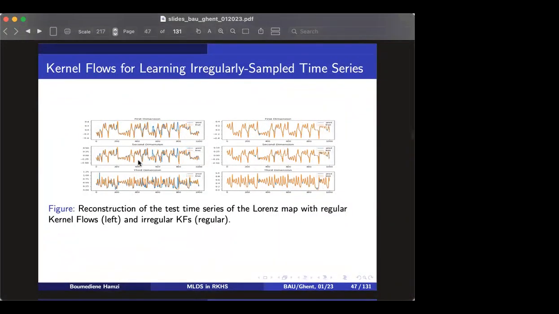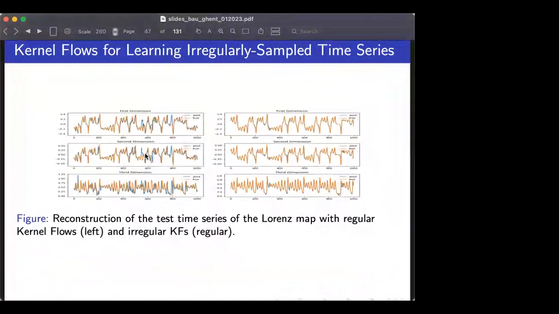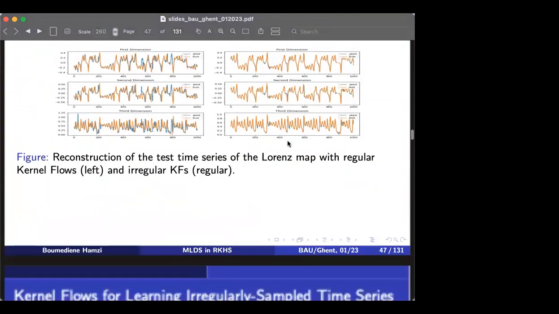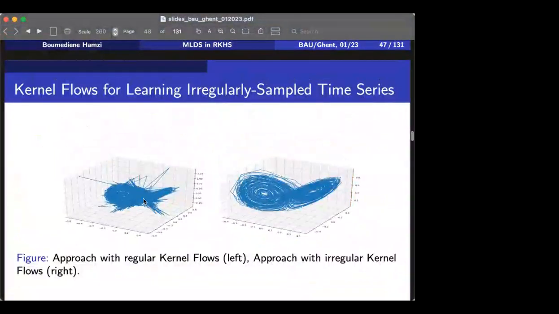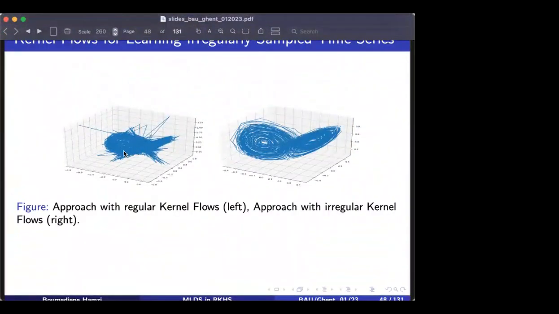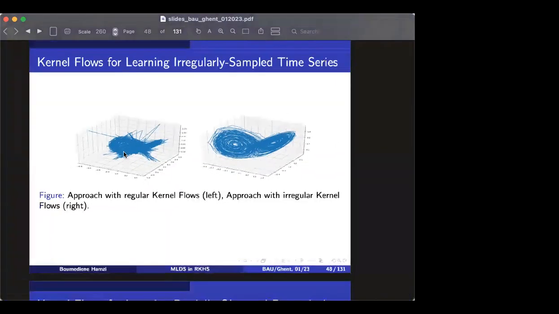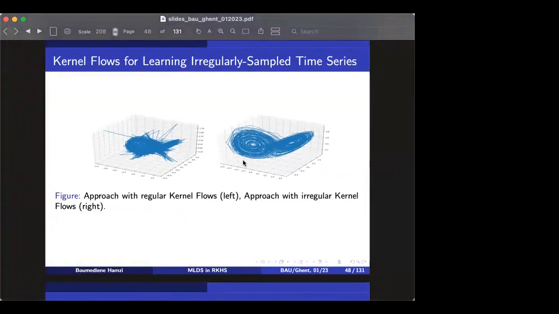This is for the case of Lorenz. The left side is regular kernel flows, the right side is irregular kernel flows. You see there is a good improvement, but also same for the attractor. The left side does not look like the butterfly that we are familiar with, but the right side looks much better.